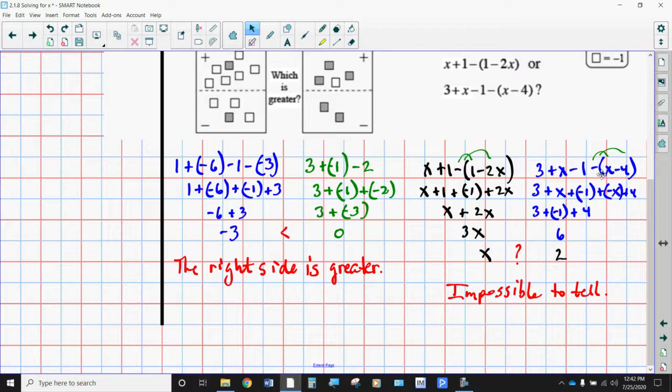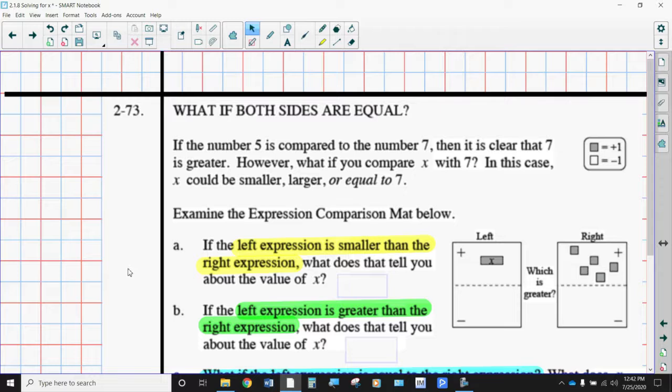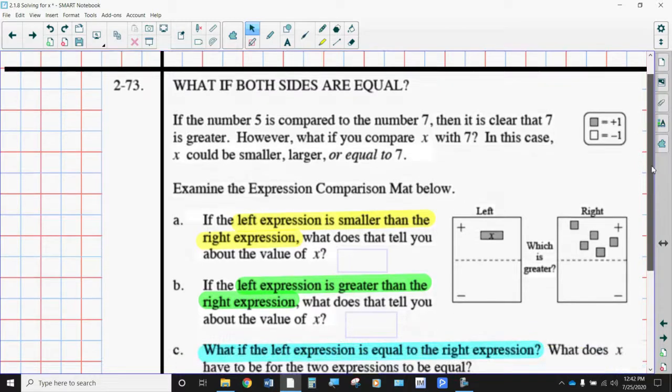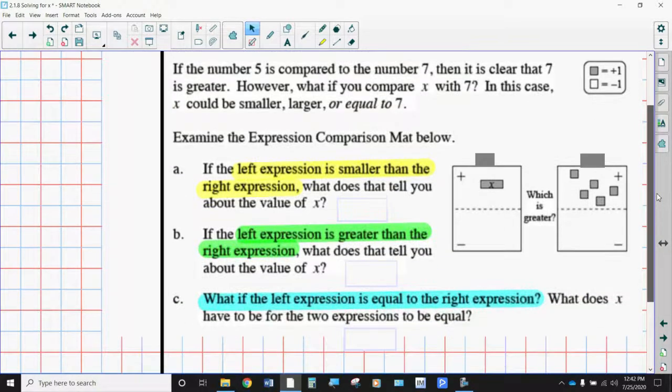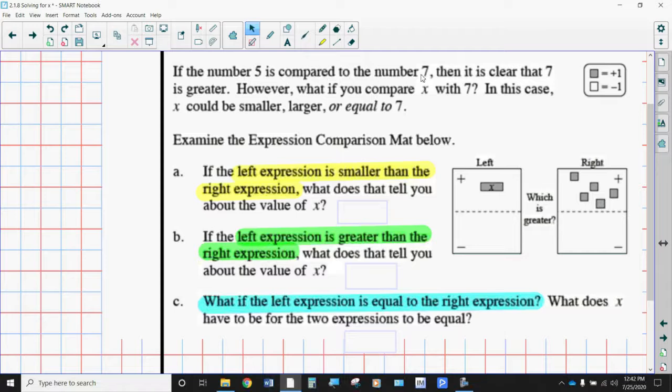Okay? So we're going to start working more with situations like this, where after doing all the simplification, you're left with a variable on one side and a number on the other, but we're going to be dealing with equations instead. So before we get there, let's review this basic idea here. If number 5 is compared to the number 7, it's pretty clear that 7 is the greater one, right?